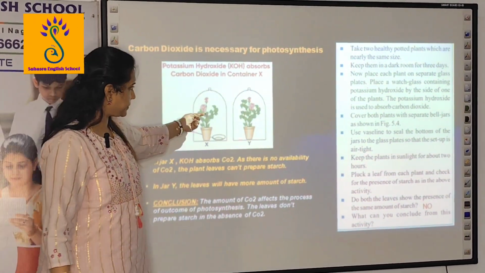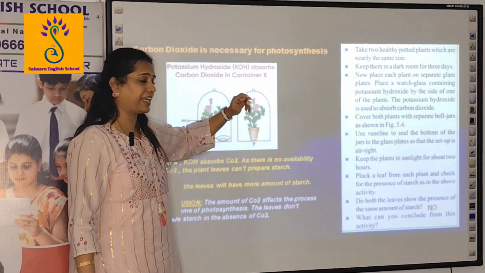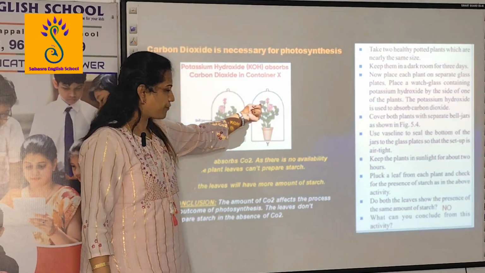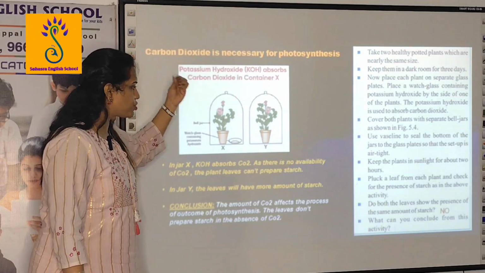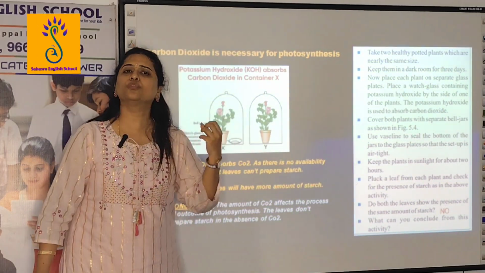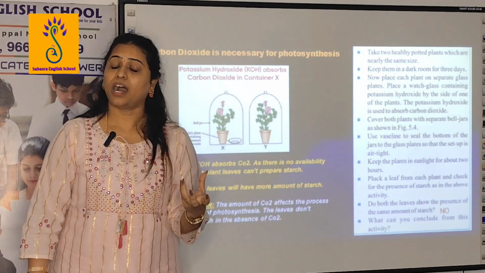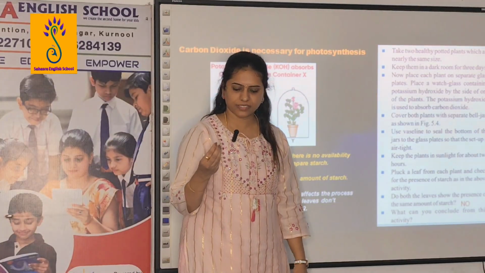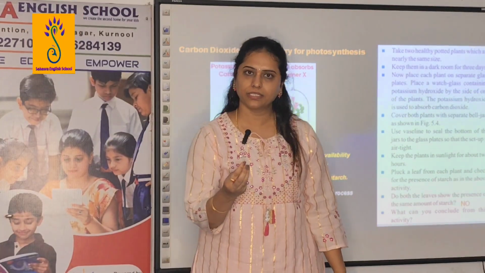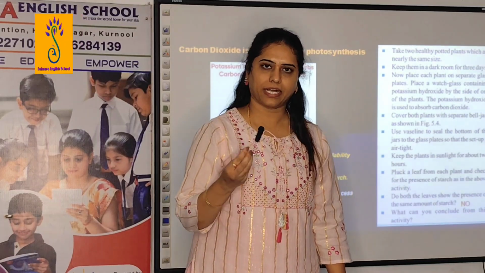After 2 hours, pluck a leaf from each plant. Do both the plants show the same amount of starch? How is the starch test conducted? The starch test is conducted using iodine.